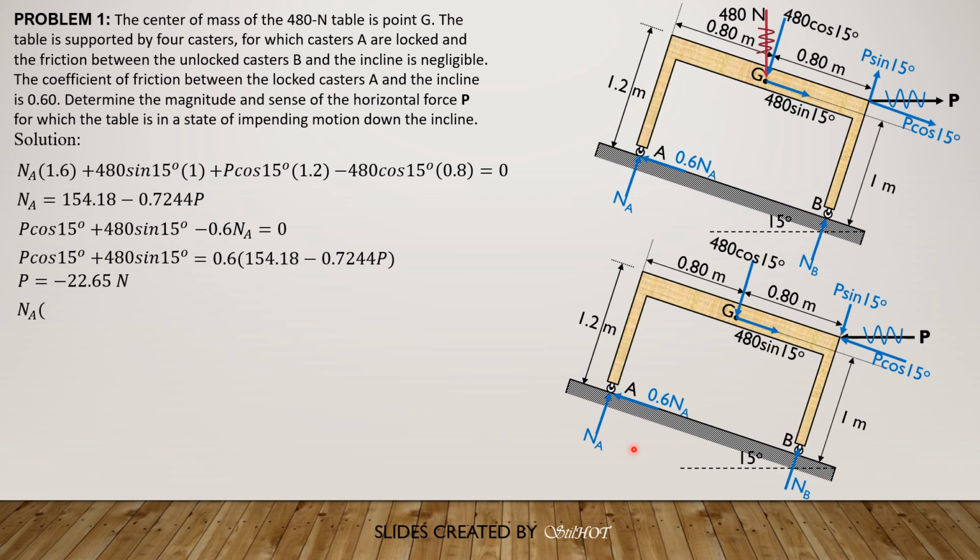So again, summation moment about B equals 0, clockwise positive: NA times 1.6 plus 480 times sine of 15 times 1, then minus P cosine 15 times 1.2 minus 480 cosine 15 times 0.8 equals 0. So expressing NA in terms of P and the constants, NA is 154.18 plus 0.7244.